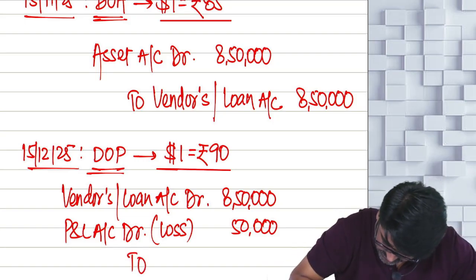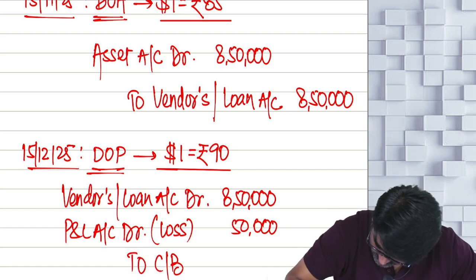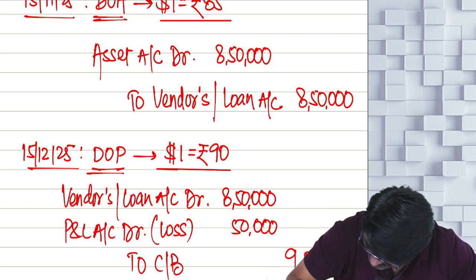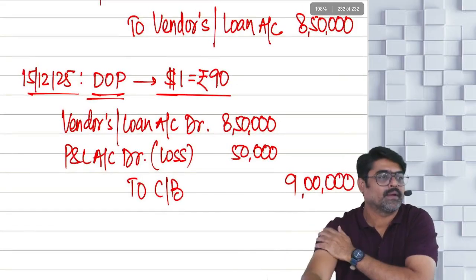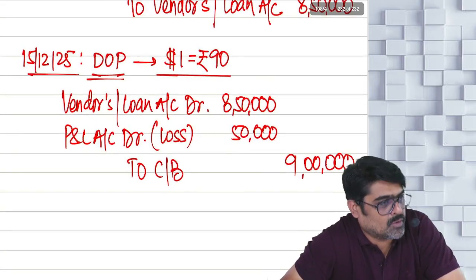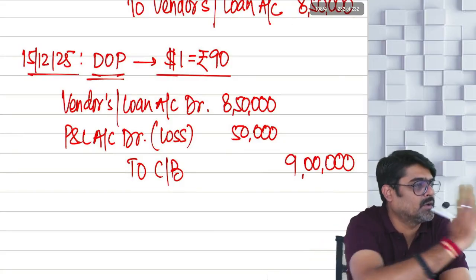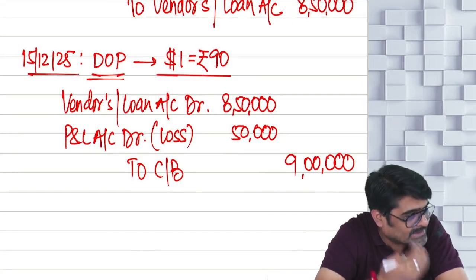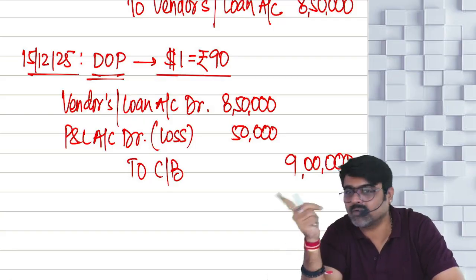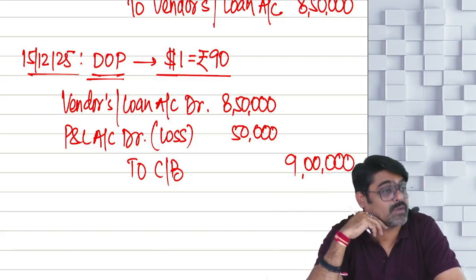To cash or bank. How much? 9 lakh you had to pay, because you had to buy the dollars at what rate? 90. So 9 lakh you had to pay. You got $10,000 and you settled your liability. So now tell me, 50,000 extra went. This is because of your foreign currency fluctuation.